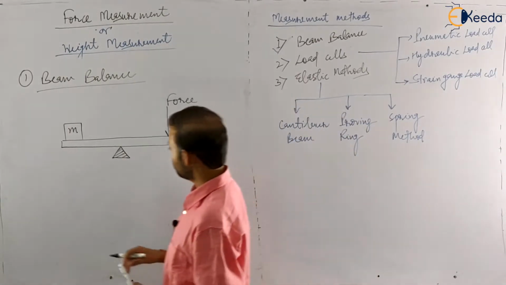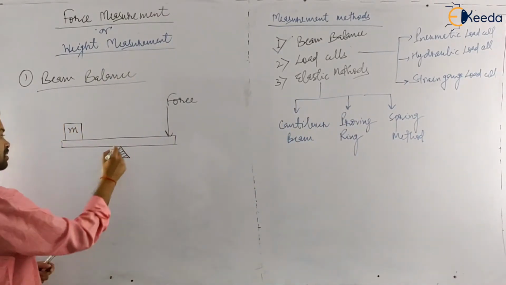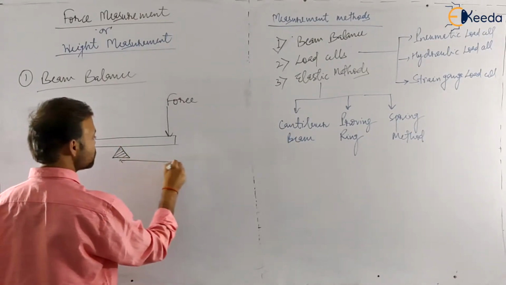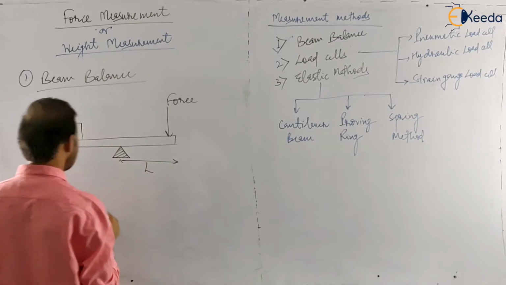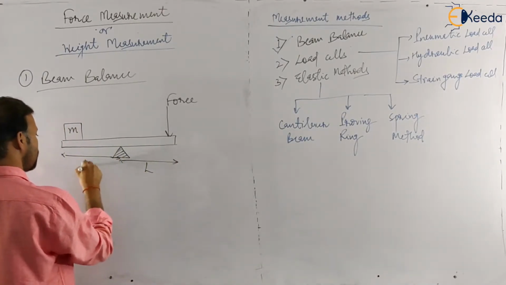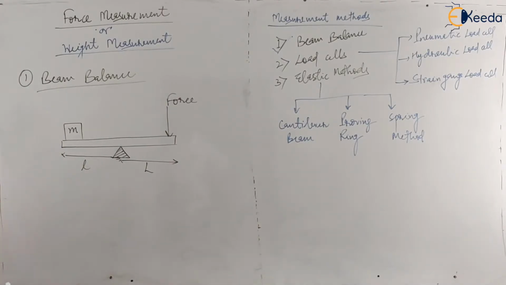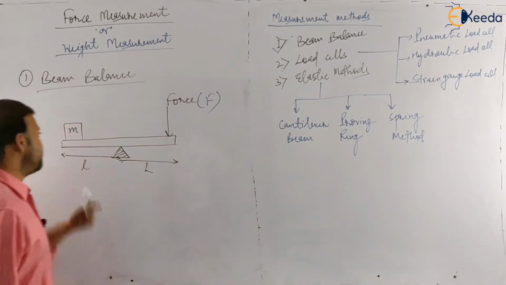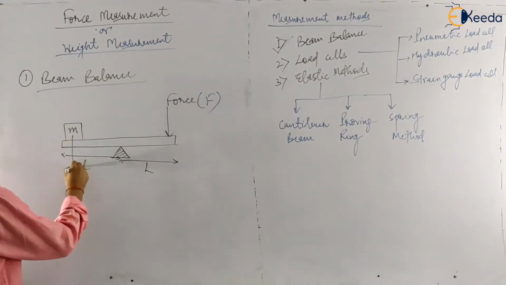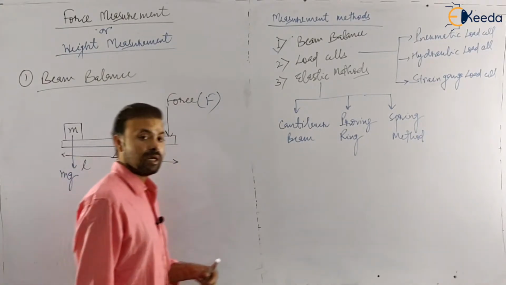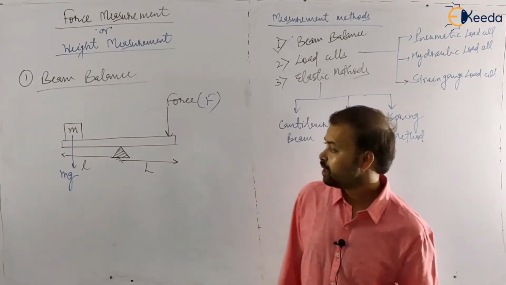Now the position of the movement is this. Let us suppose this is length L and this length is small l. Let us suppose the force is capital F and the weight applied here is m into g.